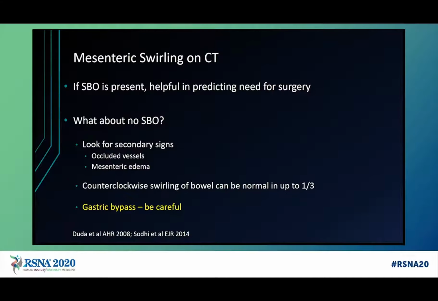Remember that up to a third of patients may demonstrate counterclockwise swirling of the bowel and be normal. But I would be particularly careful in patients who've had gastric bypass or other anatomic altering surgeries because they are predisposed to internal hernias, and mesenteric swirling is a very sensitive sign for that. So you really have to take that finding into the context of the patient, the secondary signs, and their operative history.